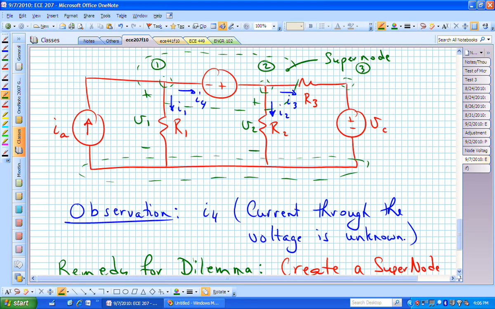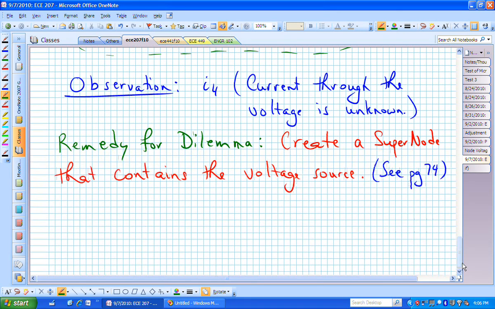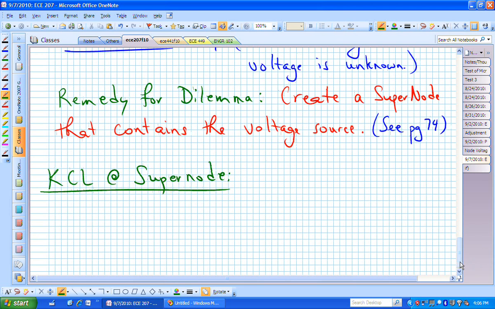Let me now write the KCL at that supernode. I sub A coming in. That's equaling then everything going out. The first vertical current going down, bless you, was V sub 1 over R sub 1. The next current going down, in terms of my node voltages that I had defined, is V sub 2 over R sub 2.